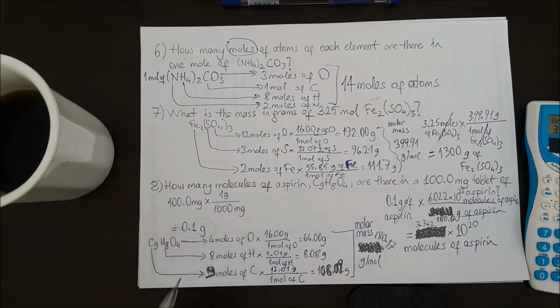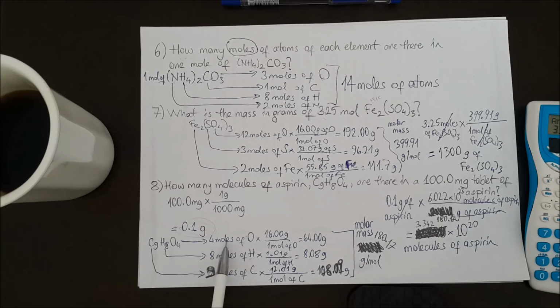To find this, you need to find the relationship between the number of molecules of aspirin and its mass. This is the relationship between Avogadro's number and molar mass. To do this, you need to calculate the molar mass of aspirin. This solution shows us the calculation of the molar mass of aspirin. You have 4 moles of oxygen in 1 mole of aspirin, 8 moles of hydrogen in 1 mole of aspirin, 9 moles of carbon in 1 mole of aspirin.